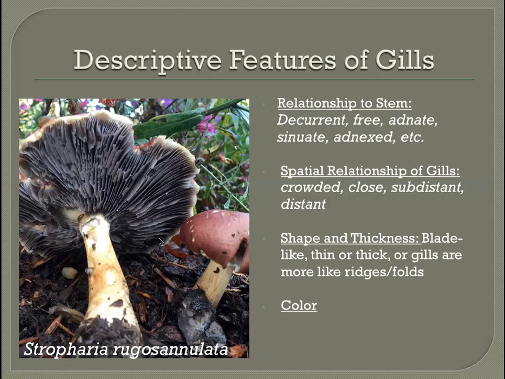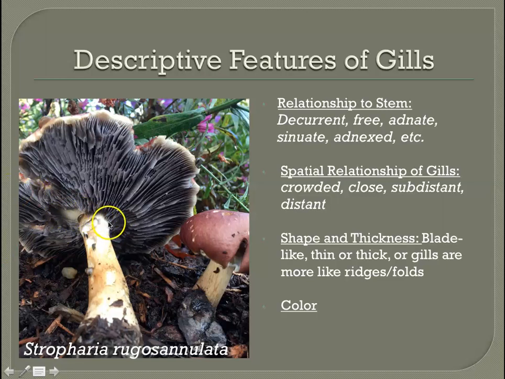And one of the other super important features we want to look for, and this is recommended for every mushroom you identify, is to look for its relationship to the stem. That will tell us a lot about this fruiting body and who it belongs to. That could be everywhere from completely touching the stem.